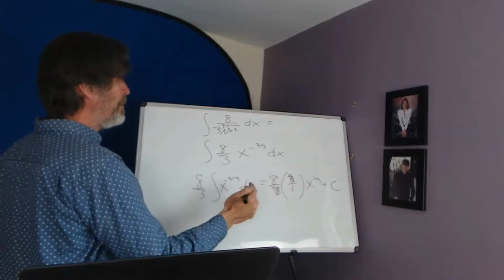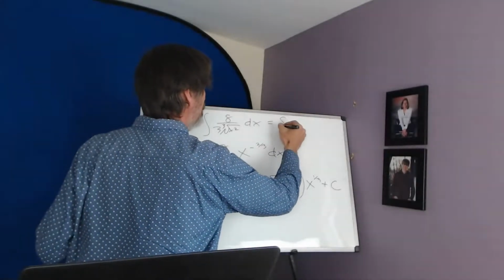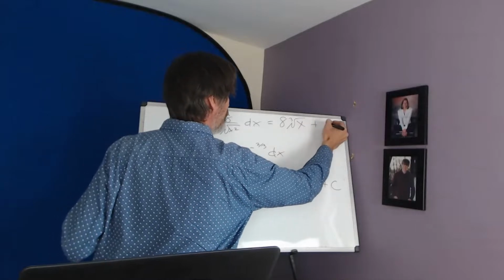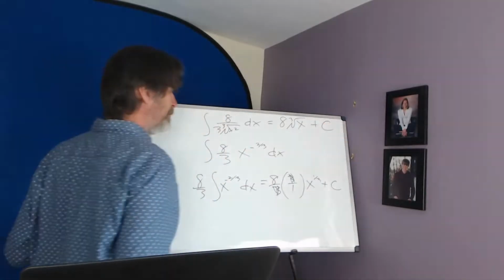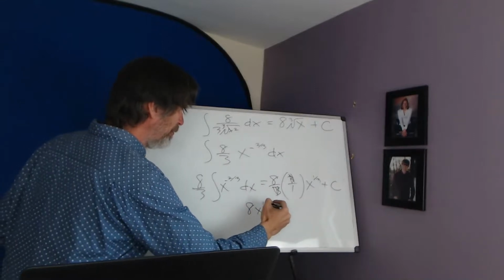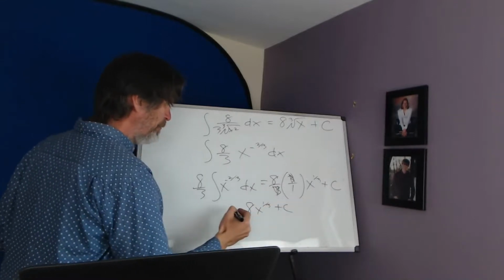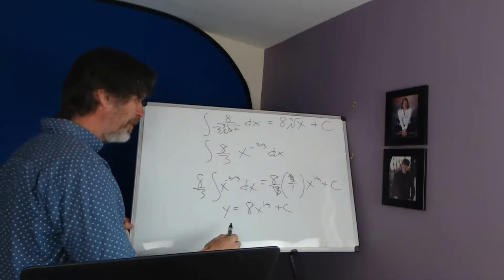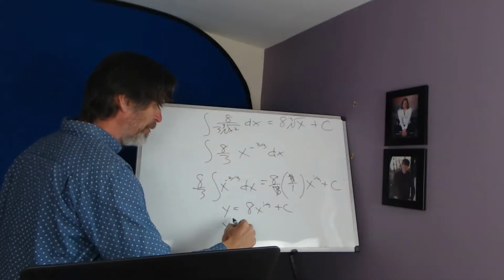The final form, made as pretty as possible: 8 cube roots of x plus c. And if you wanted to check your work, and it never hurts to do so, if this was the function you started with and you took the derivative of it, would you get back where you began this problem?